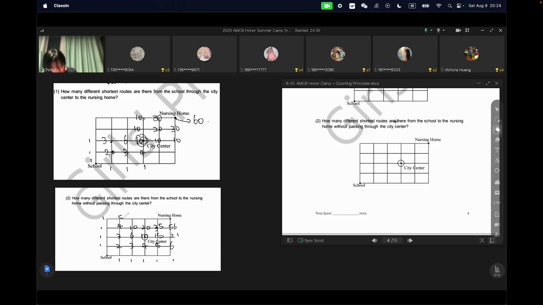Then 5, 15, 35, 70, and 126. So therefore there are 126 total ways, and subtracting the number of ways that he can get to the nursing home by passing through the study center will be 126 minus 60 equals 66.